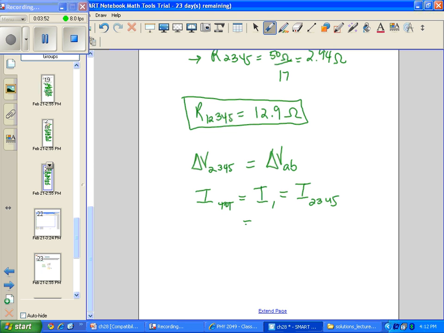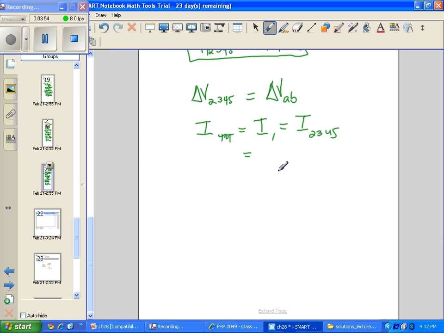And because of Ohm's law, we're able to get I total by taking delta V total, dividing it by R total, that is the R12345, and we plug in our numbers, we get 1.93 amps.